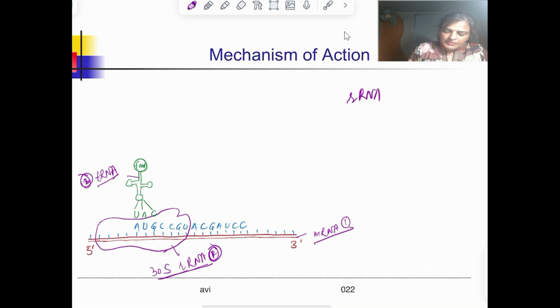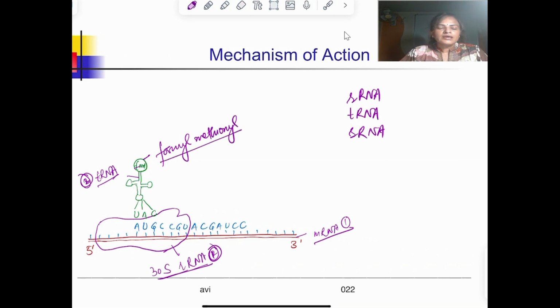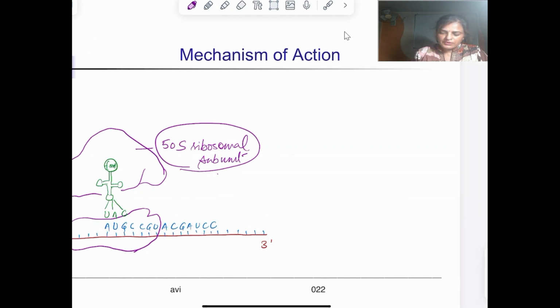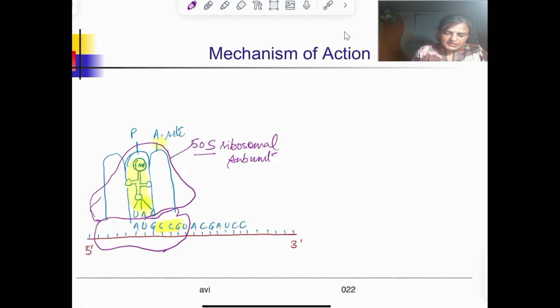So transfer RNA mainly carries the amino acid formyl methionine. Now with this, the 50S ribosomal subunit is also going to come and join, and this makes it 70S.